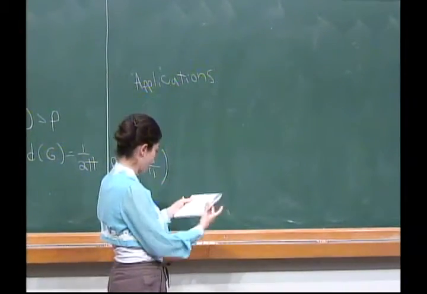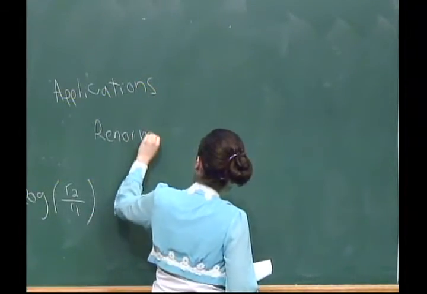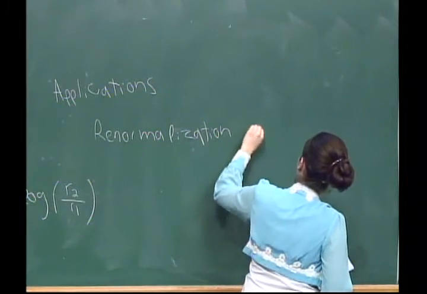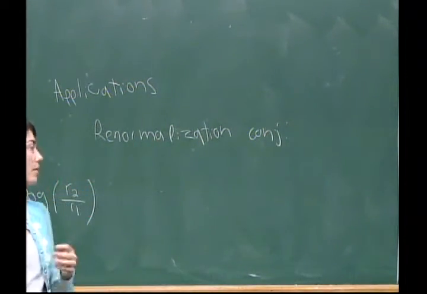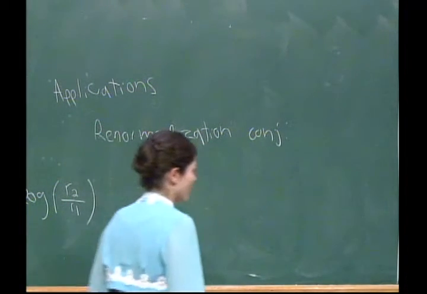Okay, so the first one I want to talk about is renormalization conjectures. Pablo was talking a bit about this problem yesterday, so I'm going to try to approach it in a slightly different way so it's less tedious to hear it again.